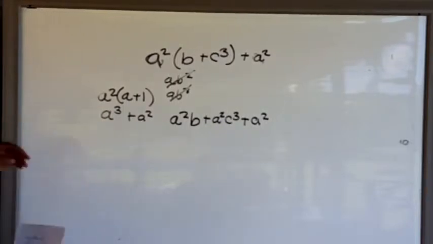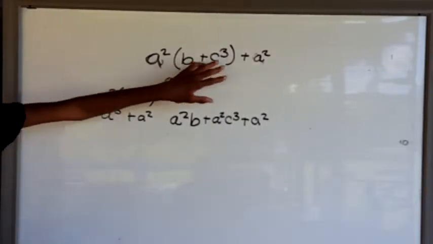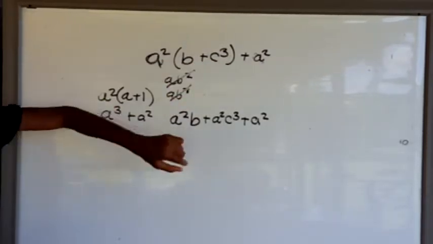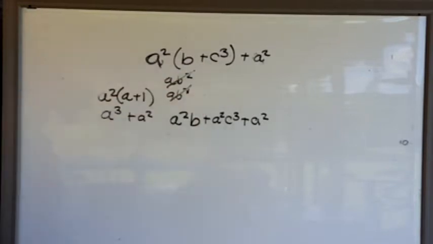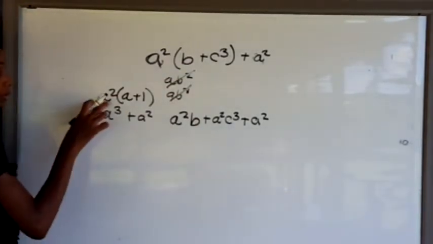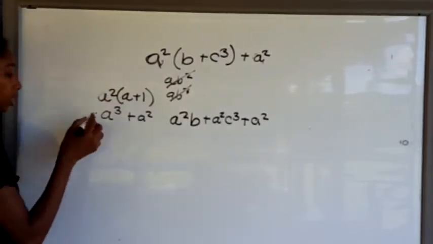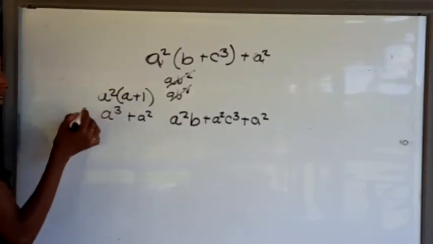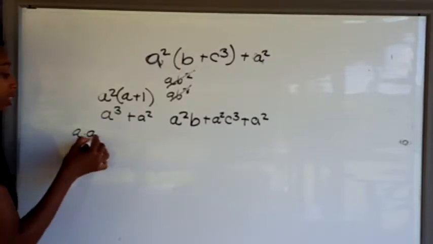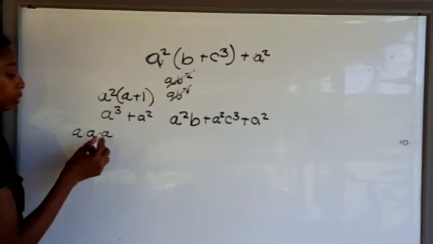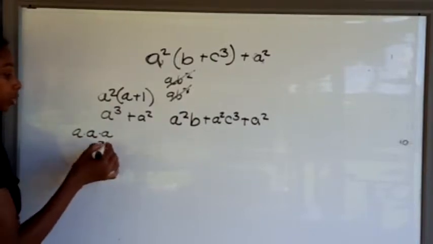So, again, when we distribute, we're multiplying. We're just multiplying a variable by each of the terms inside the parentheses. If we have a squared times a, that's a times a, and then we're multiplying it by another a, so that would be a cubed.